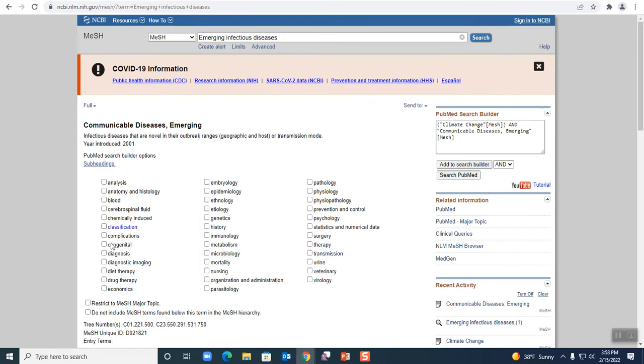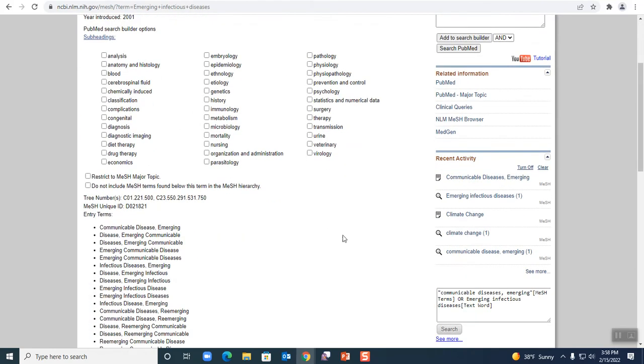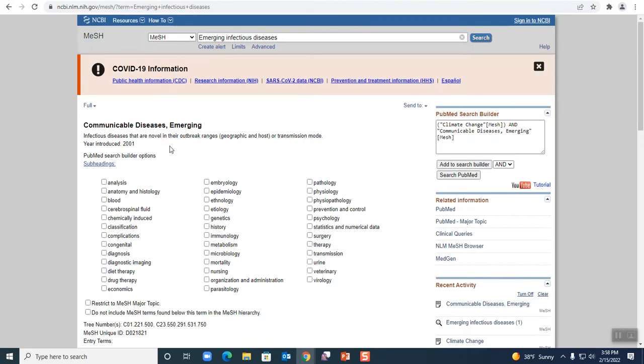This is what we call the scope note because it tells you what it includes that are novel in their outbreak ranges, geographic and host, or a transmission mode. Year introduced 2001, so this came up in 2001. And these are called the subheadings. This is what you can get the aspect of that. So like epidemiology or etiology, that's the aspect of that subject and communicable diseases that it's looking at.